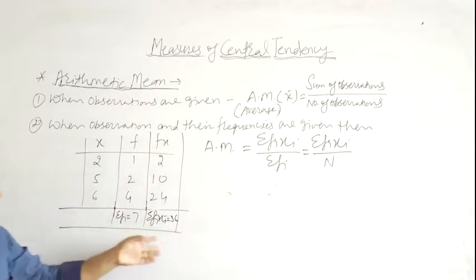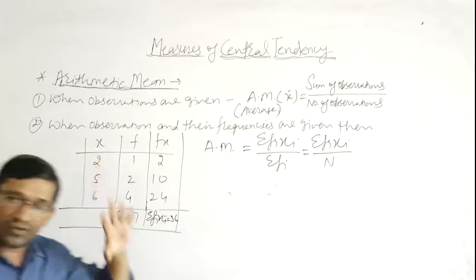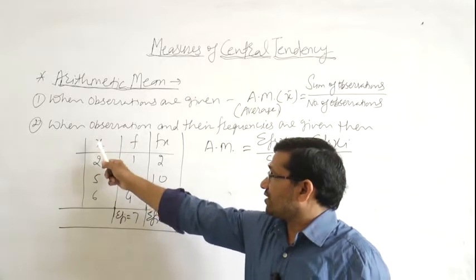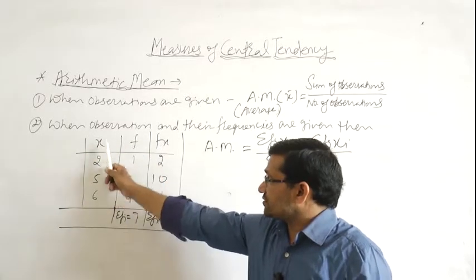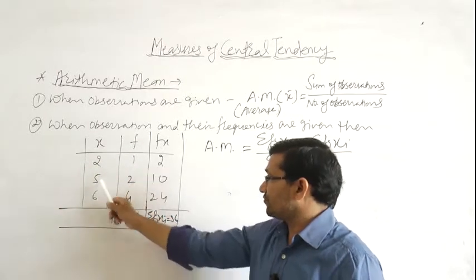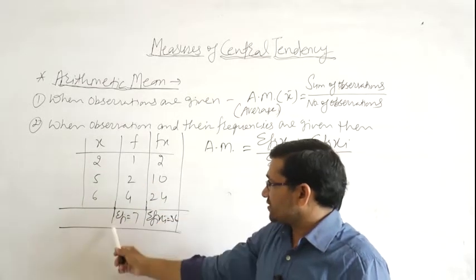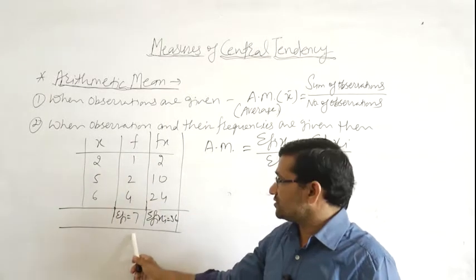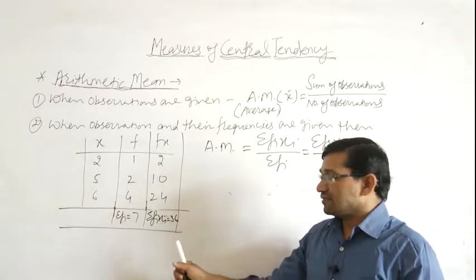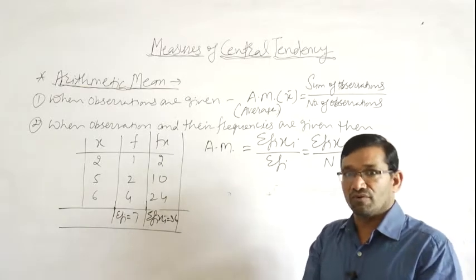In this method, observations and frequencies are given. First we find fx by multiplying f and x. So fx means the value of x multiplied by its frequency: 2 ones are 2, 5 twos are 10, 6 fours are 24. Then we find sigma fi, the sum of frequencies: 4 plus 2 is 6, 6 plus 1 is 7. And sigma fi xi: sigma is the symbol of sum of all observations.